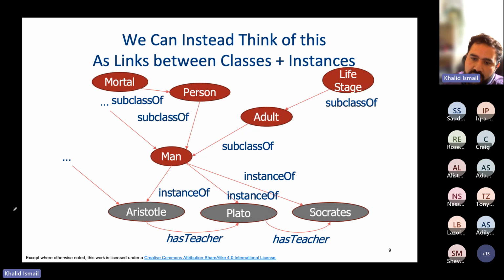We can use this knowledge graph representation to show the relationships between the instances. Aristotle has teacher Plato, and Plato has teacher Socrates. That means Socrates is the teacher of Plato, and Plato is the teacher of Aristotle.